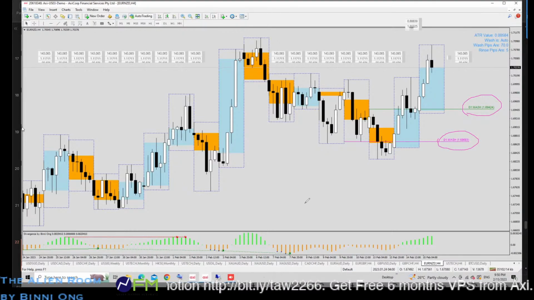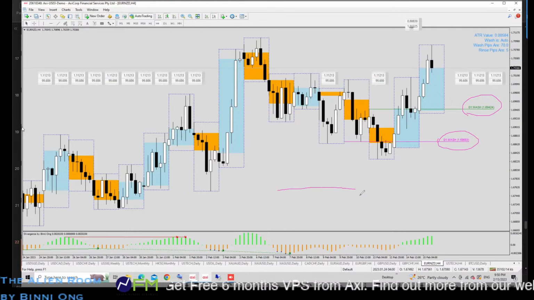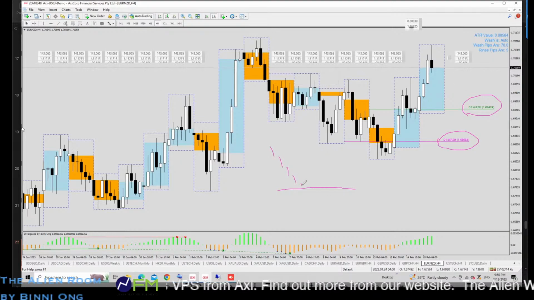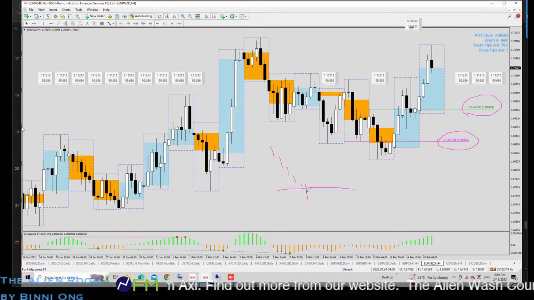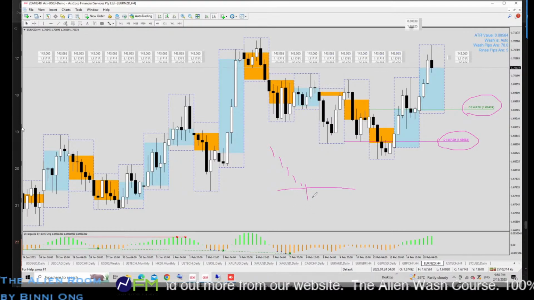It doesn't contradict. Because why? In order for you to buy, you want to buy low. You want to buy low, so price has to come down, down, down below the magenta line. You have to buy low, right? Now, if you don't have price coming down to close below a previous low, you won't have the magenta line being drawn.